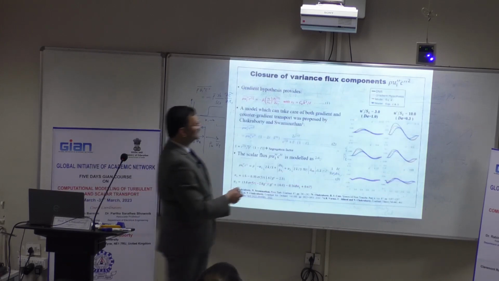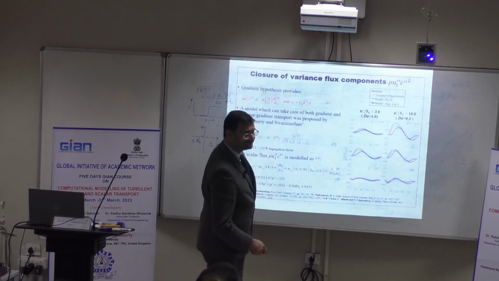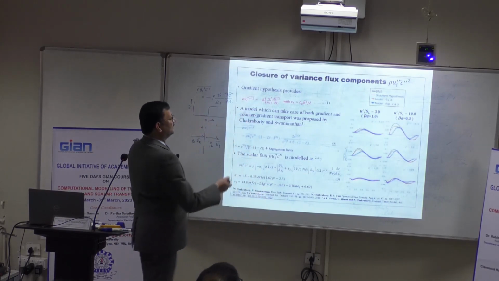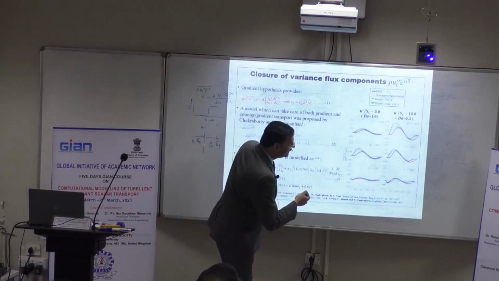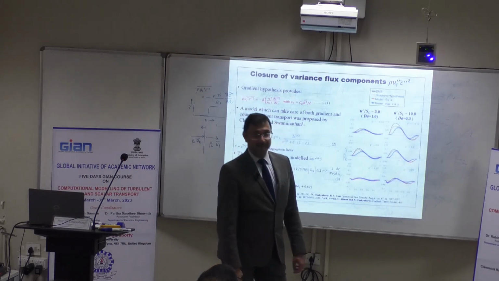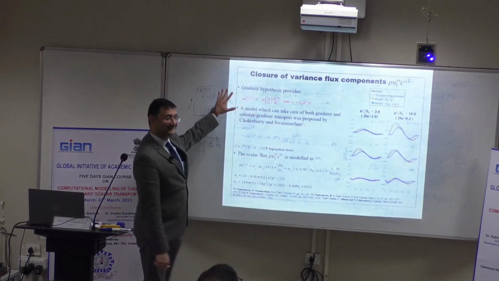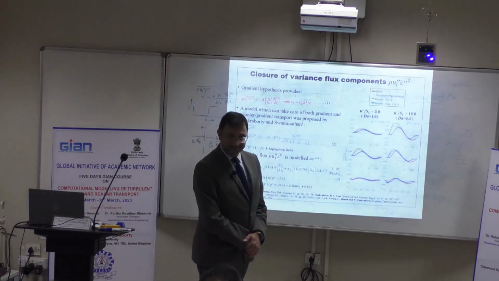And first important thing, if you look at, DNS is the black line, and if I use gradient hypothesis, you get this faint line. You can clearly see how gradient hypothesis does. It does not capture the behavior at all. Okay?